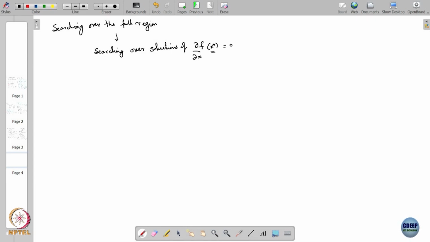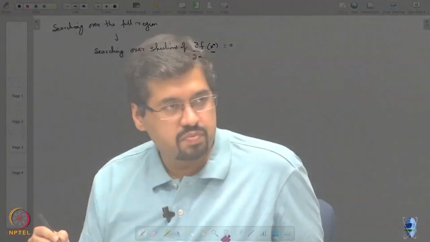Solutions means solutions x star of this equation, right. Now, what kind of equations are these? How many variables and how many equations? X star itself was in Rn, and this is the derivative of f with respect to x, right. So, there are n equations, n variables.